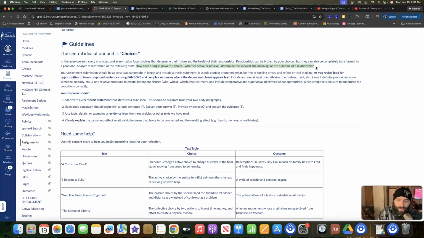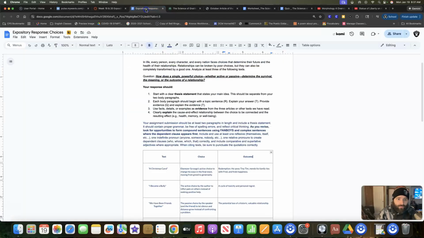So when you rewrite this, right, the thesis statement, a single powerful choice determines, right, typing that out, a single powerful choice determines, and then you're going to write determines the meaning, determines the outcome, determines the survival, right?